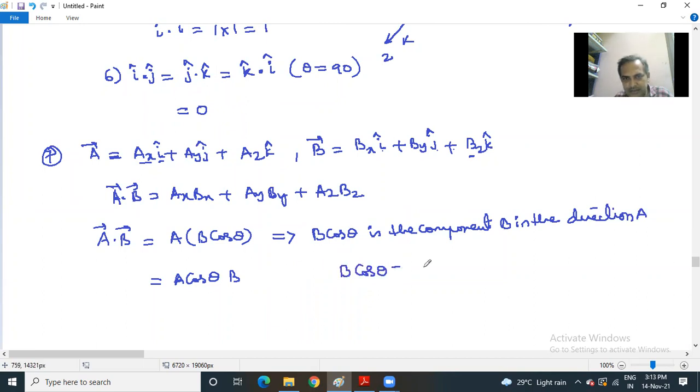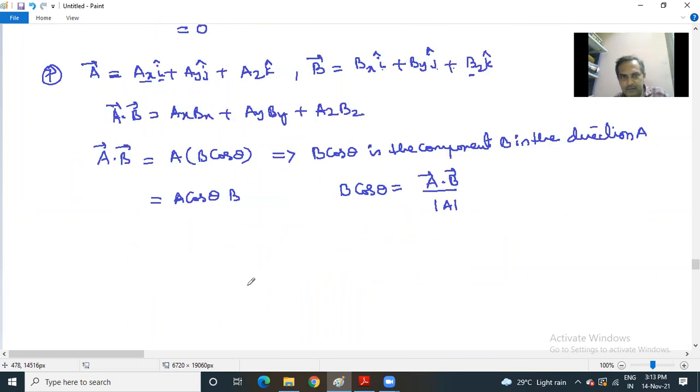B cos theta is equal to A dot B by mod of A.